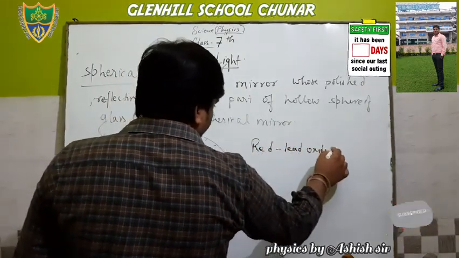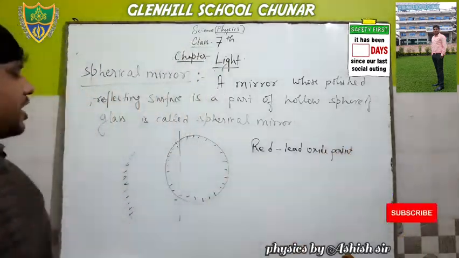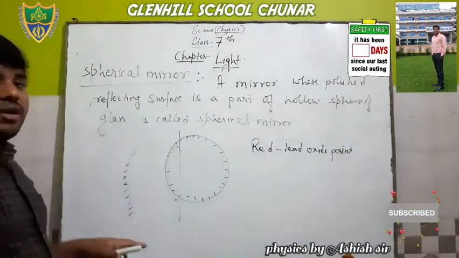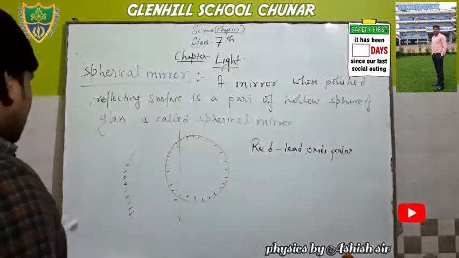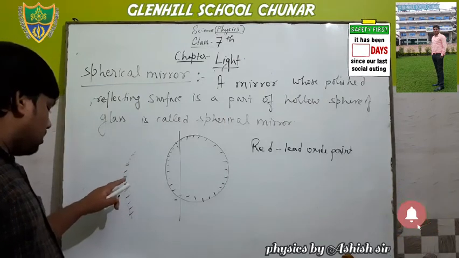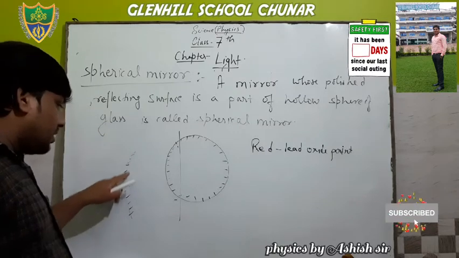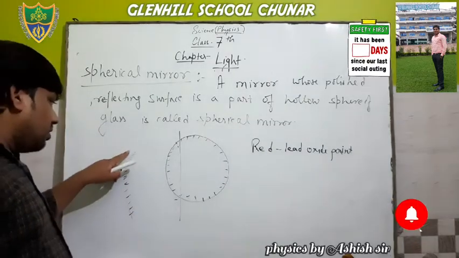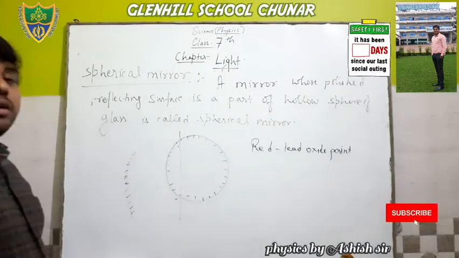This red lead oxide paint protects the silver layer from your scratching. And this polished surface behaves like what? A reflecting surface. It behaves like an opaque object, and the other than polished surface behaves like what?